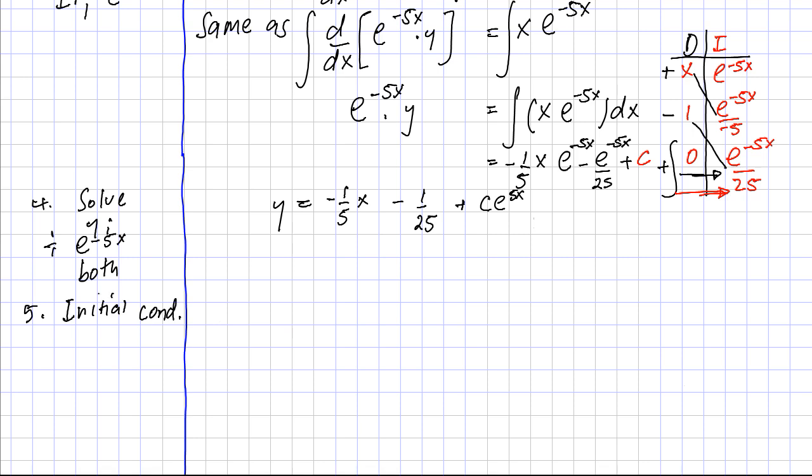Our initial condition says when x is 0, y is 3. If we substitute this initial condition into our solution, y is 3, x is 0, we're left with 3 equals minus 1 over 25 plus c.